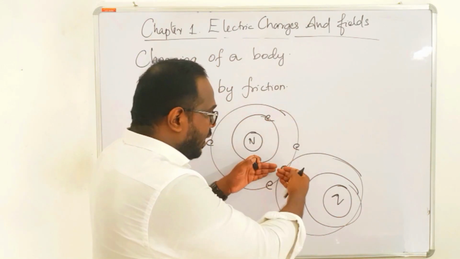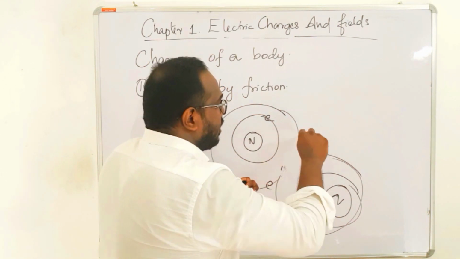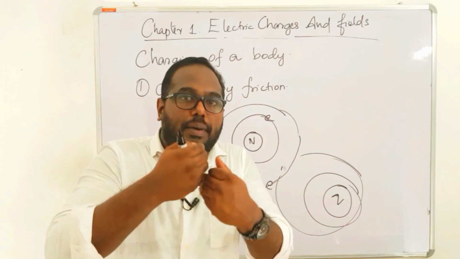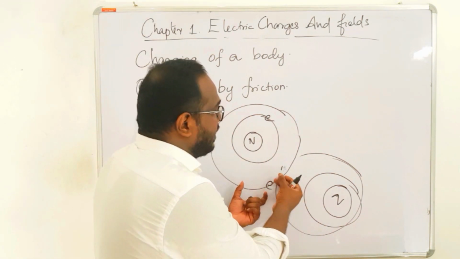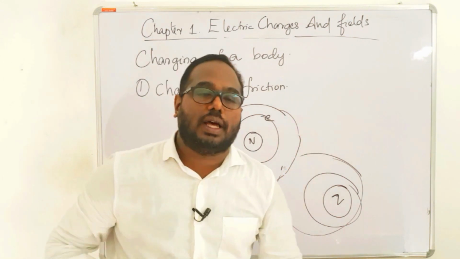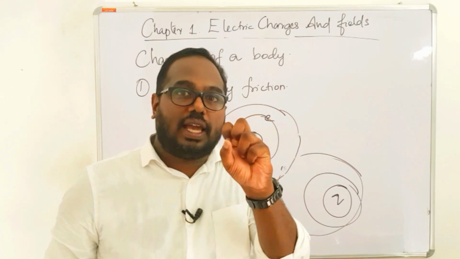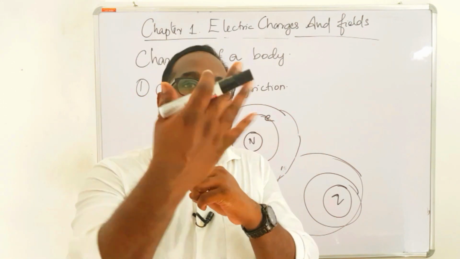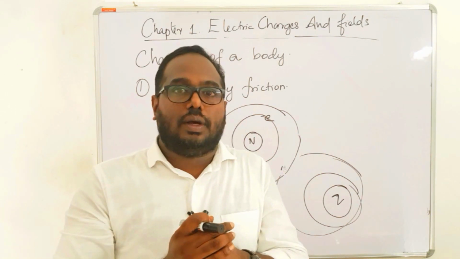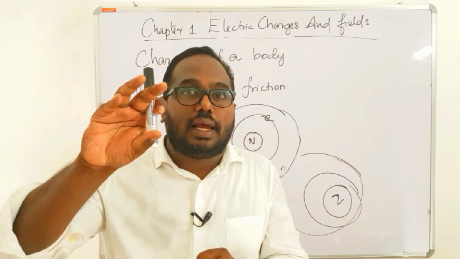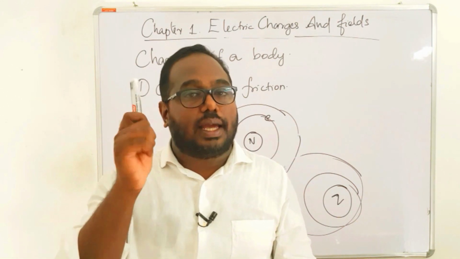If you try to rub, what happens? The bond can break and the electron can leave the outer shell. The rubbing produces heat energy, and due to that heat energy, electrons are taken from the outer shell. The atoms with lesser bonding energy will lose electrons, and those electrons get accumulated on the other object. When you rub the scale, you are actually transferring electrons.